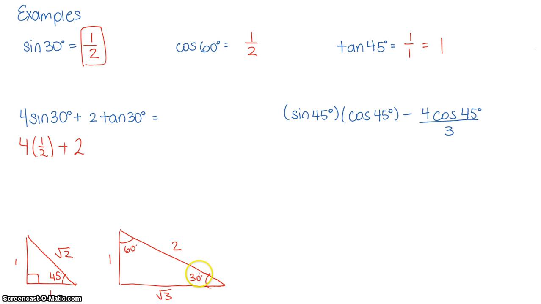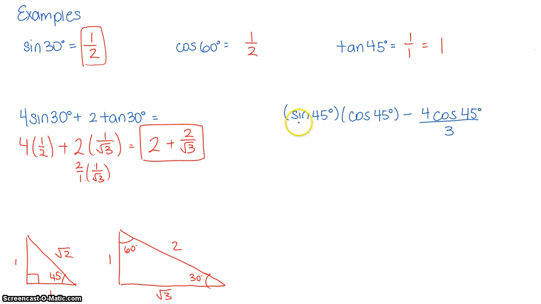Tan is opposite over adjacent, 1 over root 3. So you can plug that in. 4 times 1/2 is equal to 2 plus, remember 2 is the same as 2 over 1 times 1 over root 3. So numerator with numerator, denominator with denominator, 2 over root 3. And you can leave it in that format.